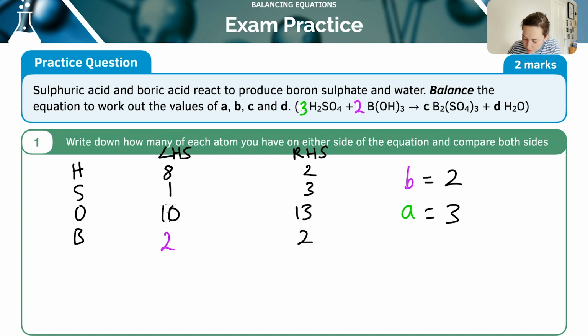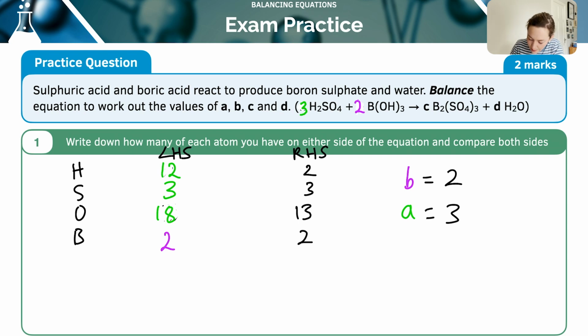So now I'm going to end up with 12 hydrogens, and nothing's going to change the right-hand side. My sulfur is, of course, going to increase to 3. That's balanced my sulfurs, fantastic. But my oxygen is also going to change, and that's going to have changed to 18. So there's still a bit of work to do.